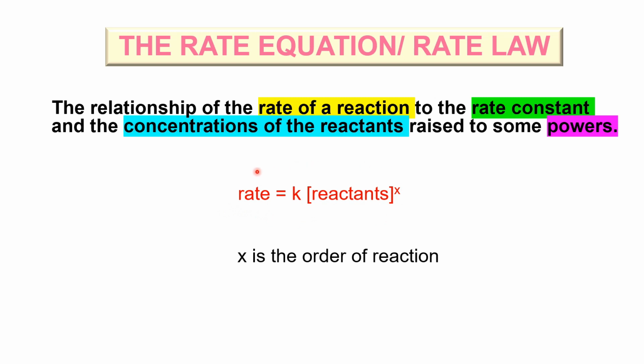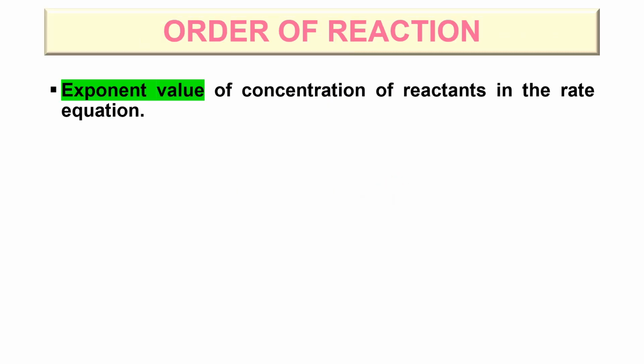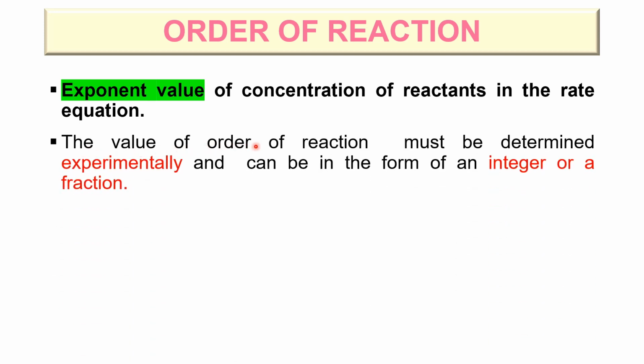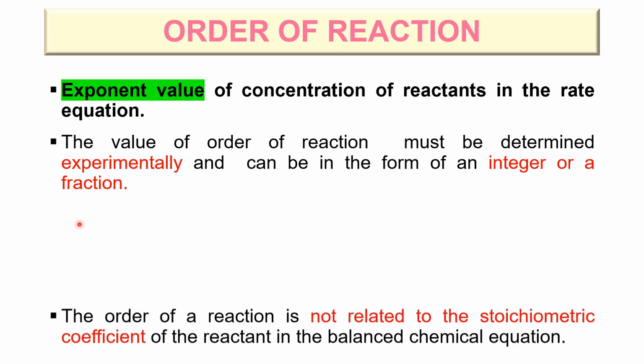Recall back on the rate equation or rate law. Which one is the order of reaction? The order of reaction is X. Okay, let's continue to the order of reaction. The value of order of reaction must be determined experimentally and can be in the form of an integer or a fraction.